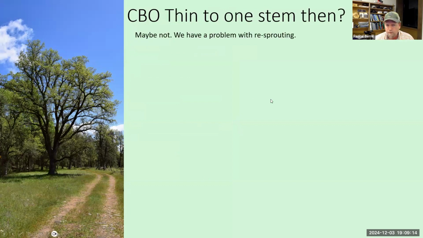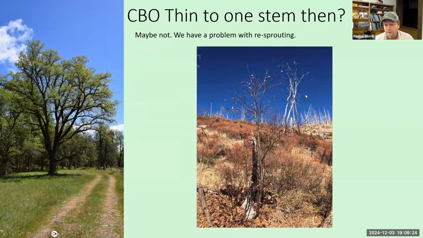So is everybody on board with thinning down to just one stem then? Does that seem like the best? Well, maybe not. And that is because we have a problem with resprouting. When we do these treatments and we thin down to one remaining stem, look at what happened here. We did this thinning and lo and behold, we had yet another sprouting episode.